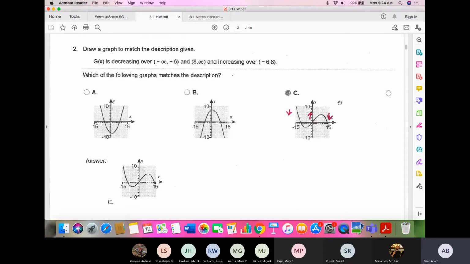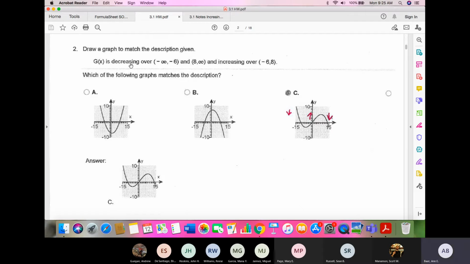There's a problem with how their software works, because I haven't seen that in any other software. So let's take a look at this. These are the graphs, all possible answers for this graph that we're trying to find. We're trying to decide which one of these represents the graph of g of x here.